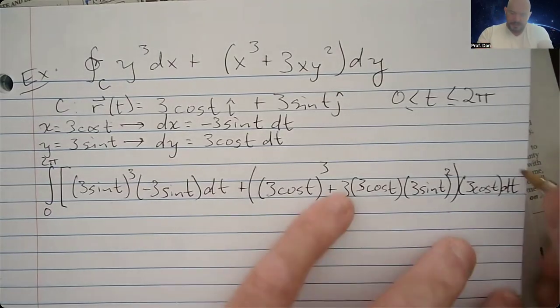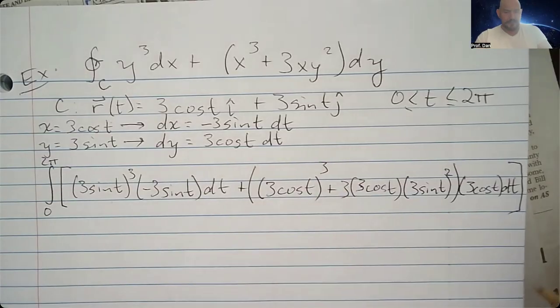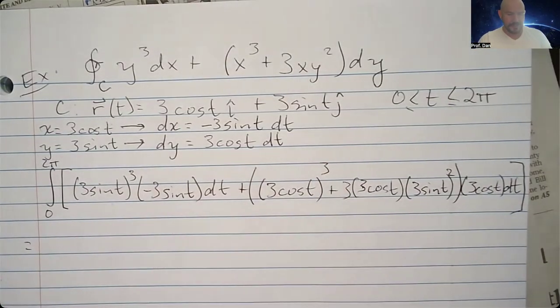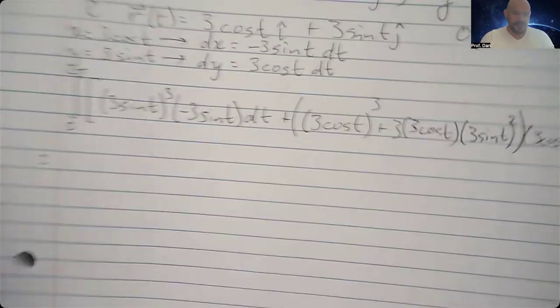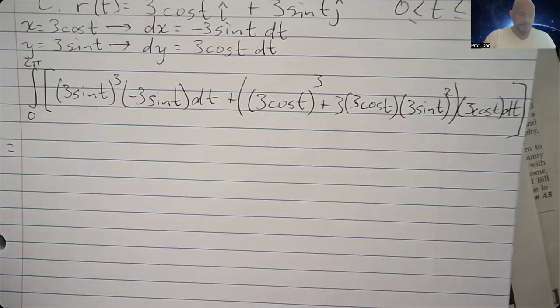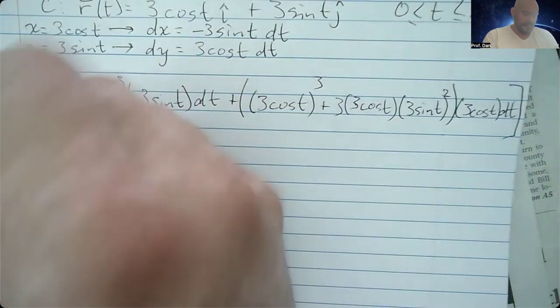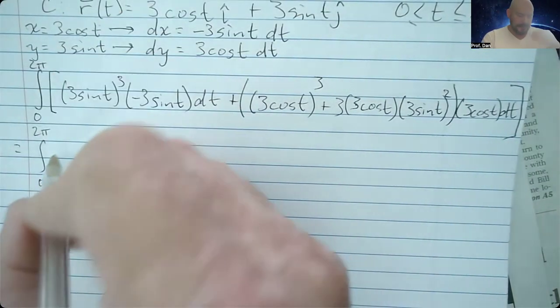So at this point, I'll close off my big bracket. I'm just going to do a whole bunch of simplifying, and then we're going to use some trig identities, and it'll look easier than it seems like it'll be right now. So 0 to 2 pi.